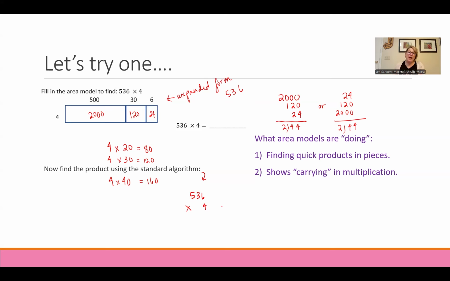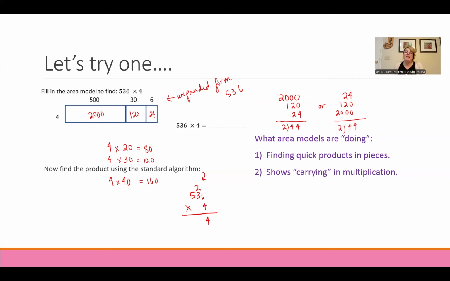So what happens here is that with a standard algorithm, remember we take 4 times 6 is 24. So what we're going to teach students is that we're going to write a 4 but carry a 2. Okay, well, let's talk about what happened. That 24 is right here. That is writing the 4 and carrying the 2. Or you can actually see it better in this example.